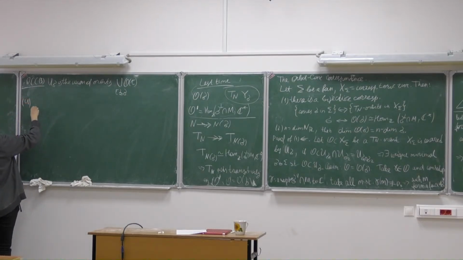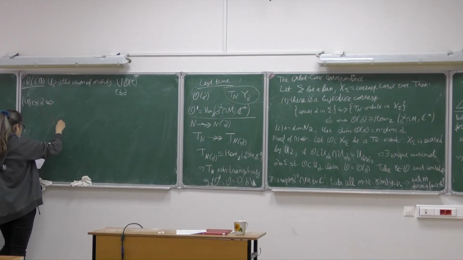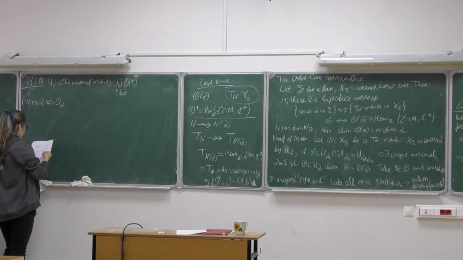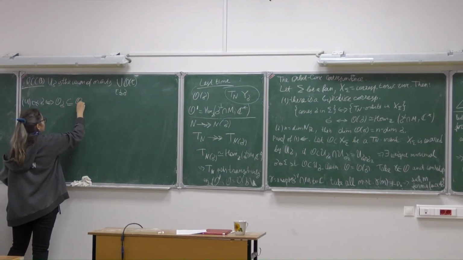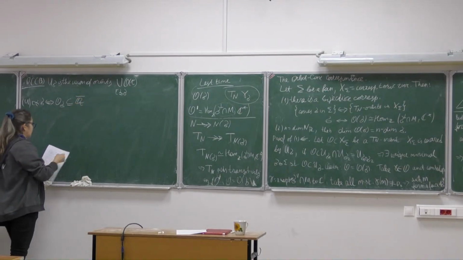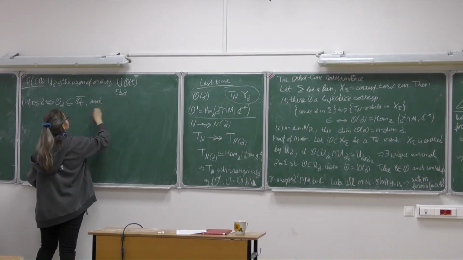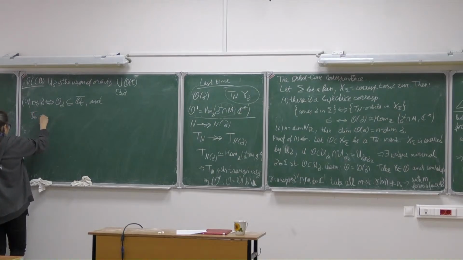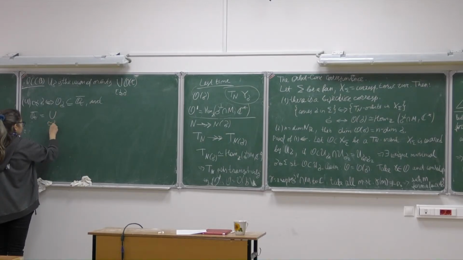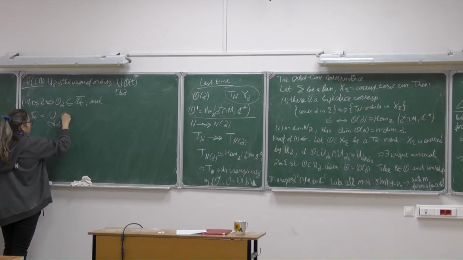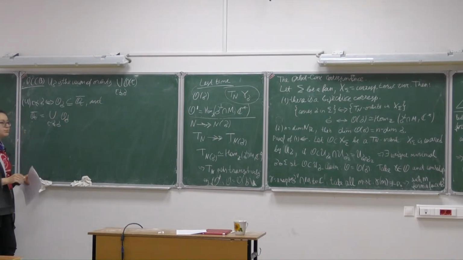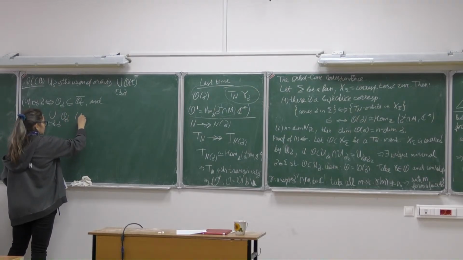4 is that tau is a face of sigma is equivalent to the fact that O sigma is in O tau bar, and O tau bar is the union of, for all the faces tau of sigma, O sigma, where the closure can be taken both in the classical and the Zariski topology.